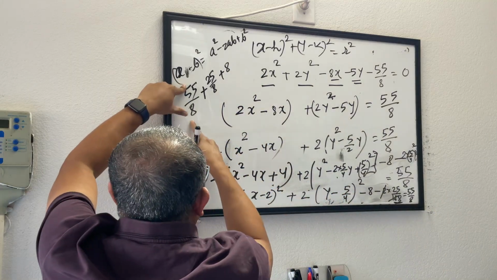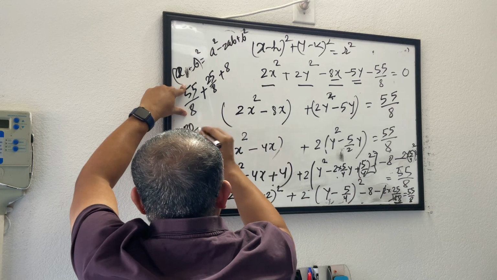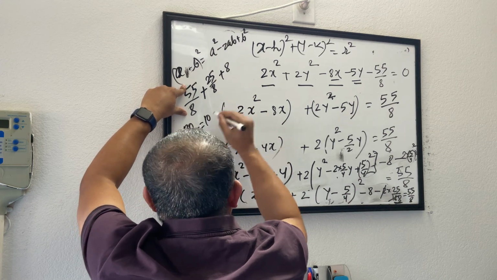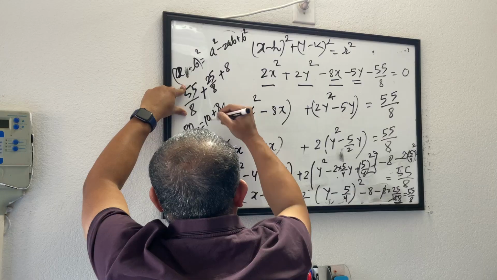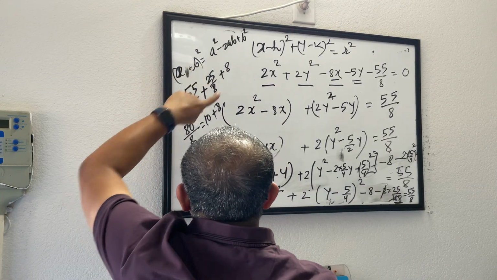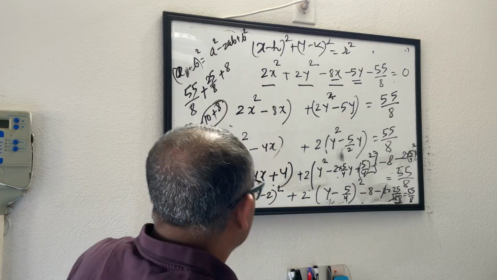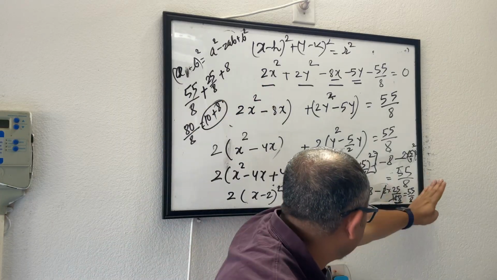So 55 by 8 plus 25 by 8. 55 plus 25 is 80. 80 over 8 is 10 plus 8. Yeah, 18. So this whole thing is 18.